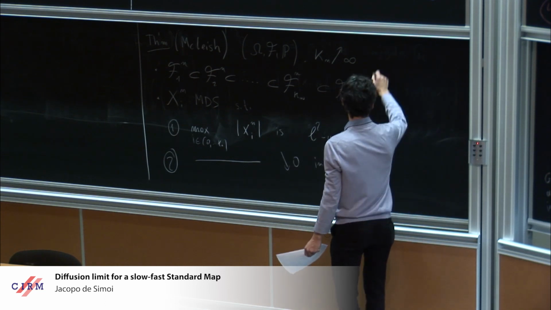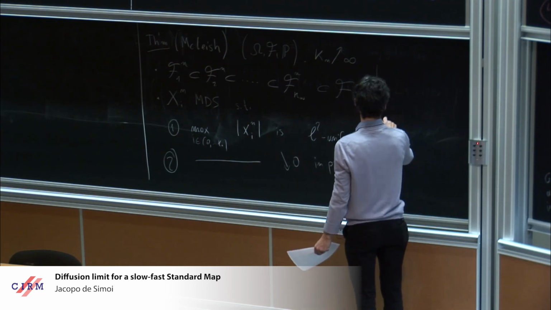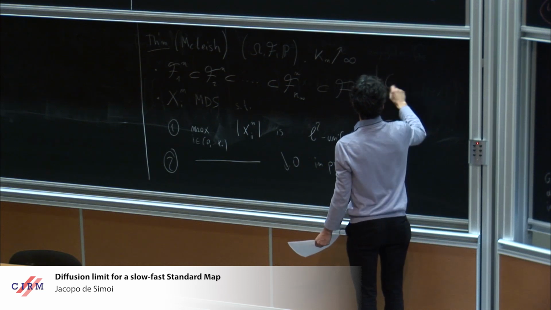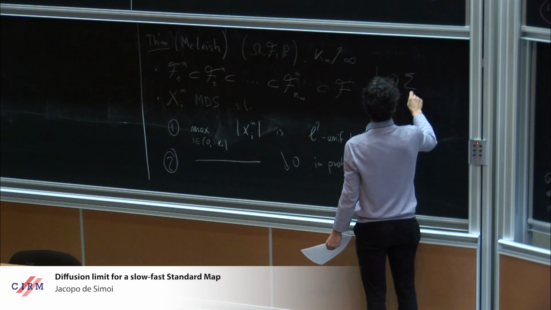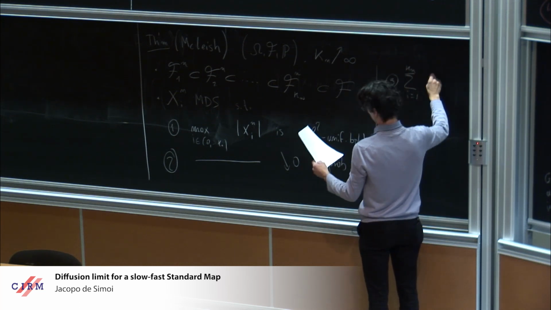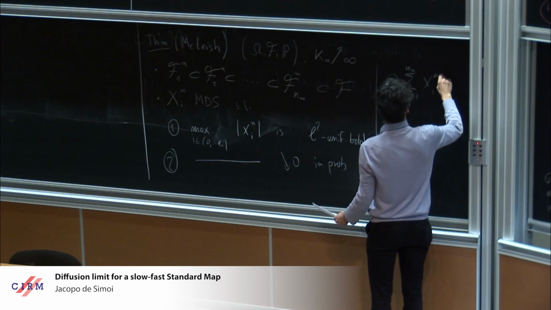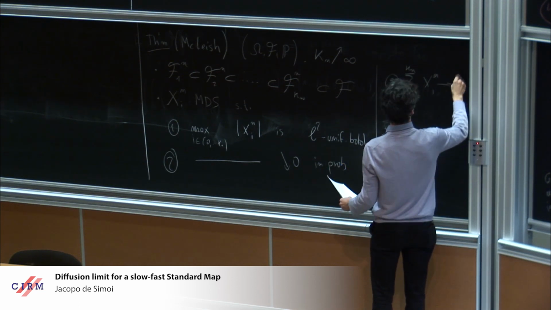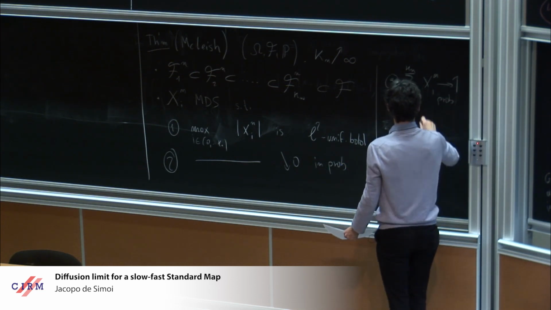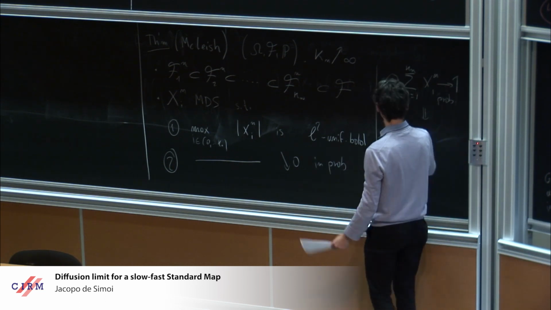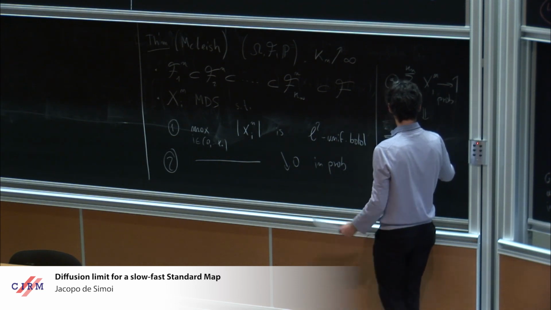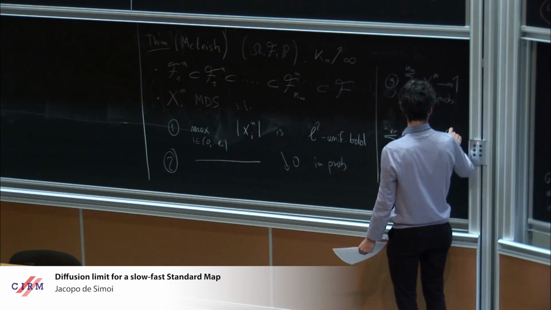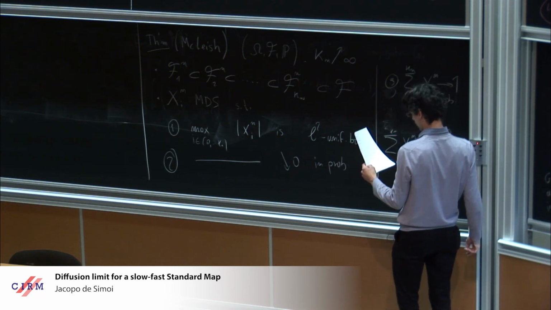And then I have some normalization, which is 3: the sum up to k_n of these guys converges as n goes to infinity to 1 in probability. Then you have a CLT for these guys, in the sense that the sum up to k_n of X_in converges to the normal distribution.